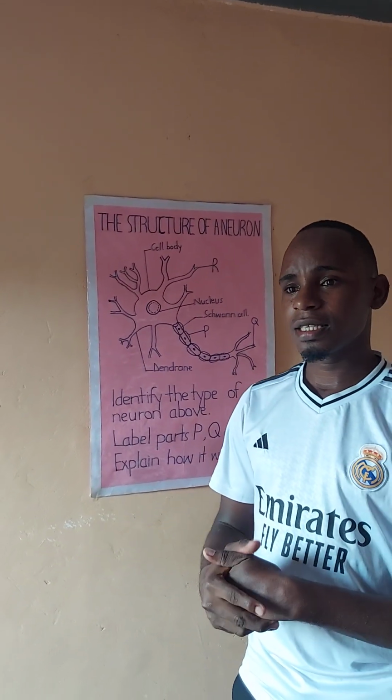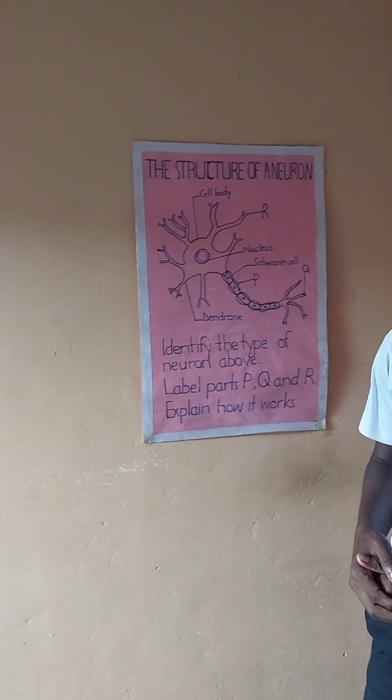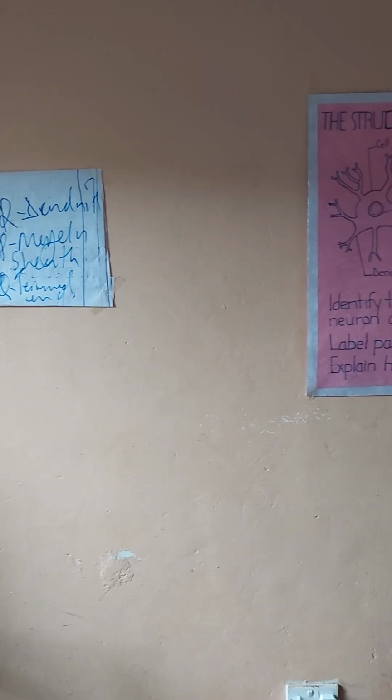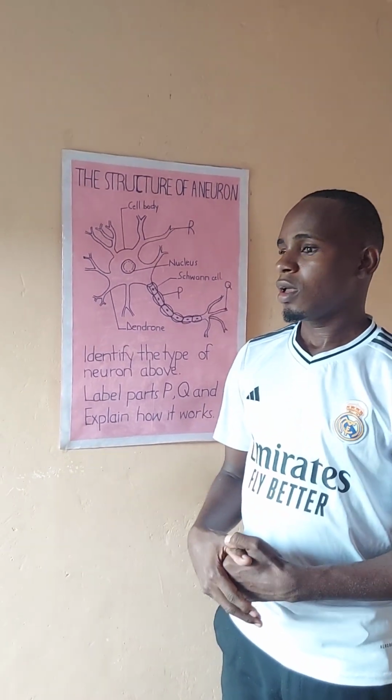Thank you so much. But before we wind up, who can remind us what a neuron is? A neuron is a specialized cell that transmits impulses from another neuron or a muscle, or from the brain.